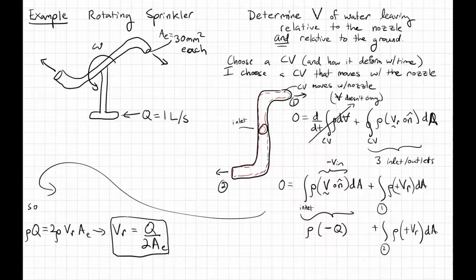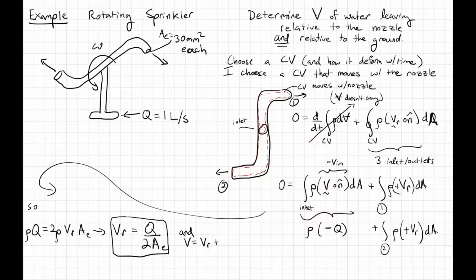That's the velocity that the fluid would appear to come out of the nozzle if you were attached to the nozzle, or in a coordinate system attached to the nozzle. In other words, the relative velocity is defined as the actual fluid velocity minus the velocity of our control volume. If we wanted to find the velocity of our fluid in a coordinate system fixed to the ground, we'd take our relative velocity and add the velocity of our control volume to that.